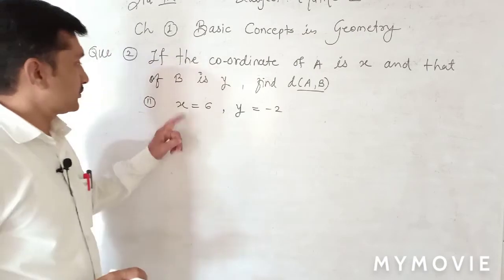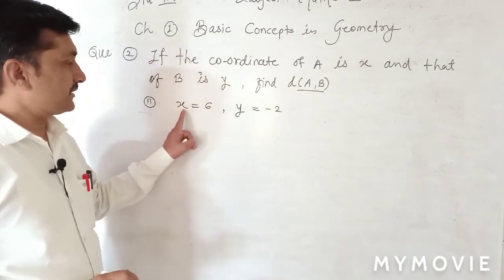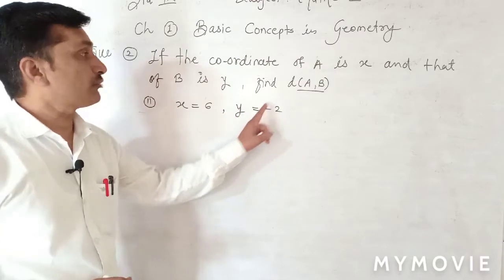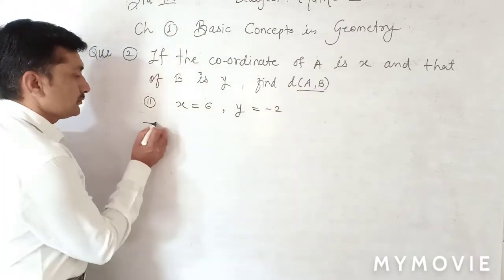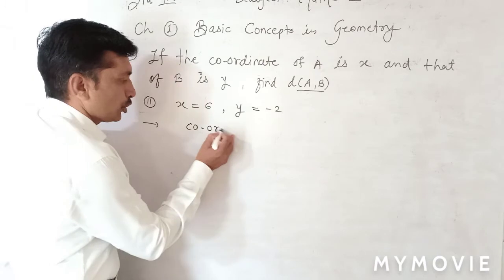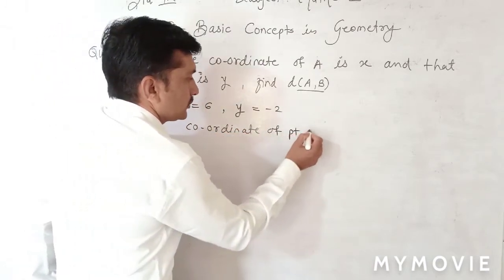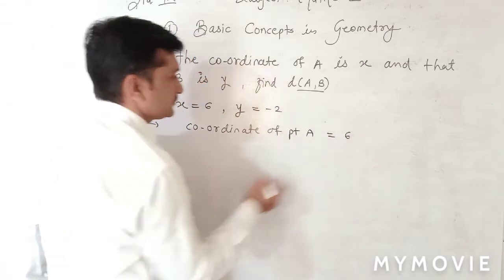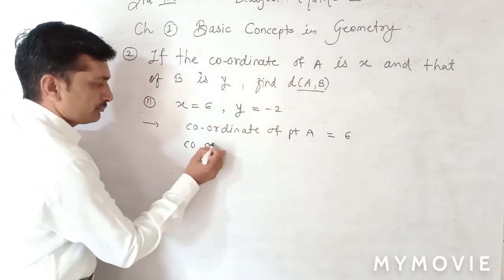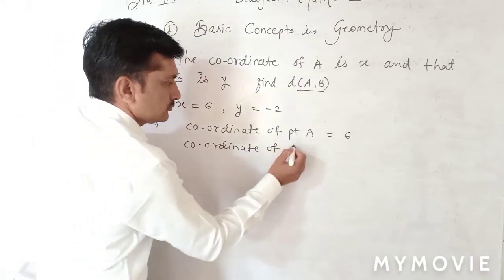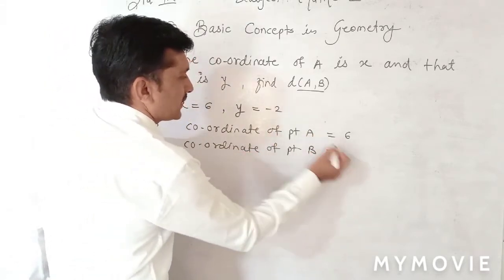Second example. Coordinate of point A is 6 and coordinate of point B is minus 2. We have to find distance AB. First write coordinates. Coordinate of point A is 6. Coordinate of point B is minus 2.